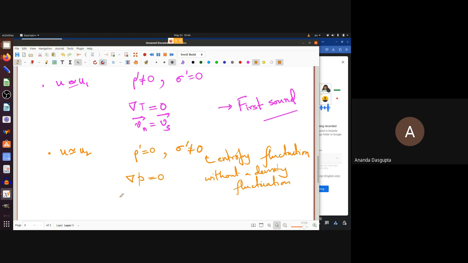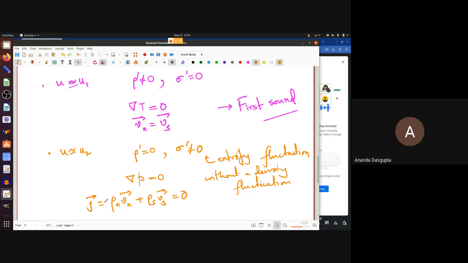And you can also show from the basic equation, I'm not going back there, but you can easily show this from the fact that density does not fluctuate. You go back to the equation of continuity, you should be able to show very easily that this is what you have. So there is no density current.